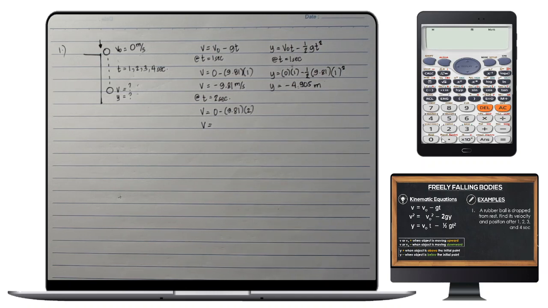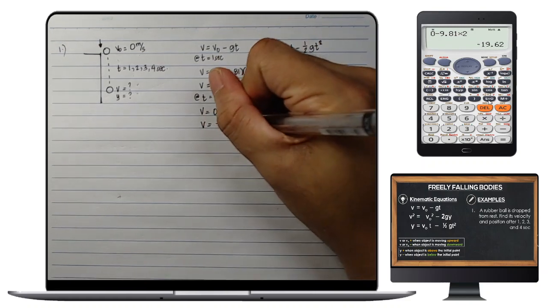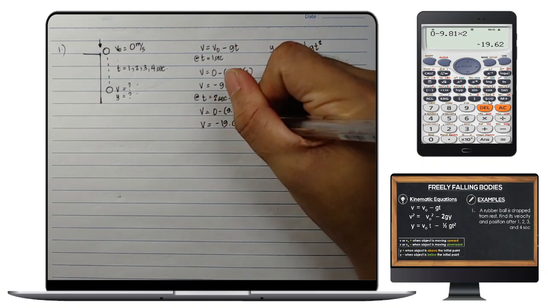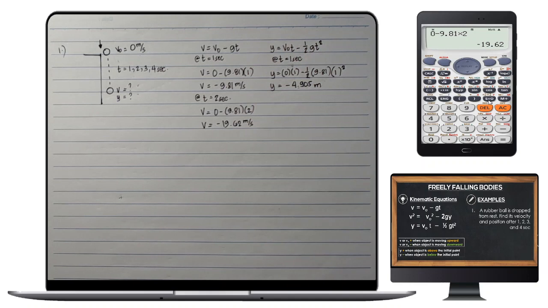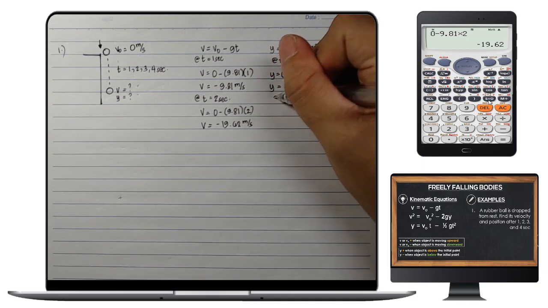We have 0 minus 9.81 times 2, we have negative 19.62 meters per second. So again, negative yung value niya kasi directed downward.